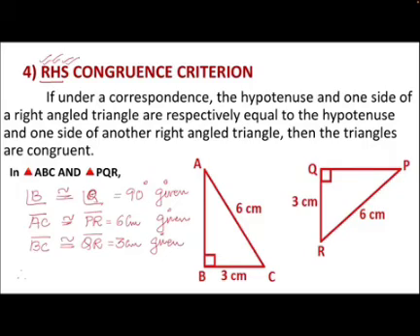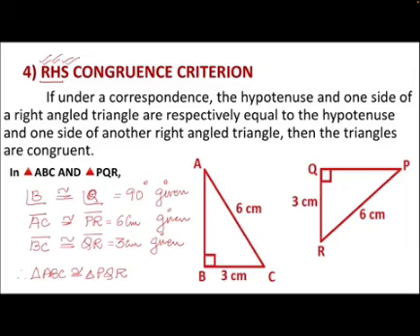So, using RHS congruence criterion, we have proved that triangle ABC is congruent to triangle PQR. Children, what type of triangles are they?